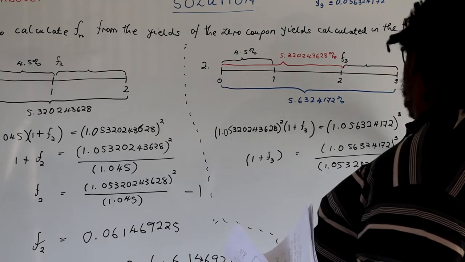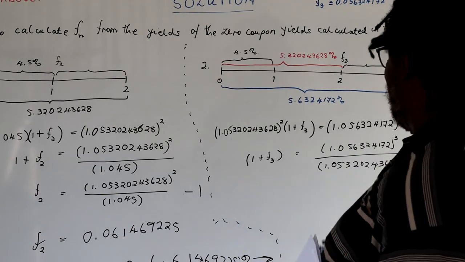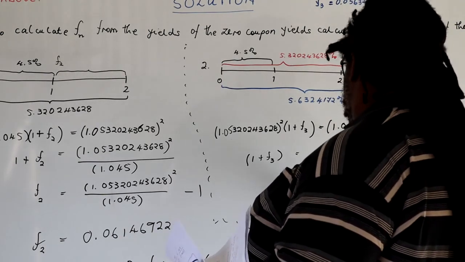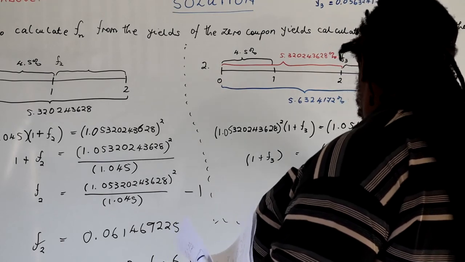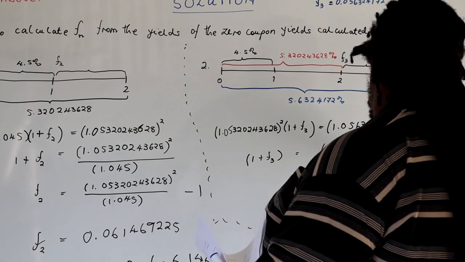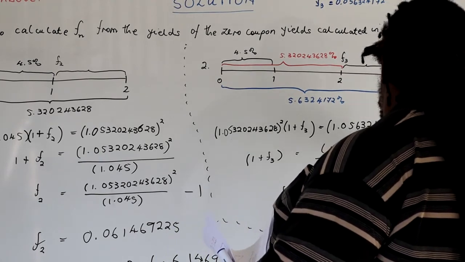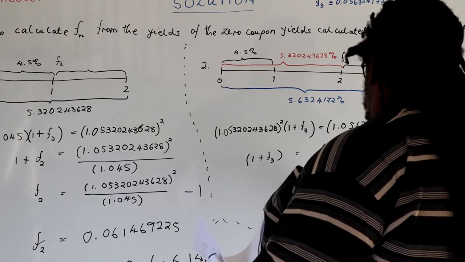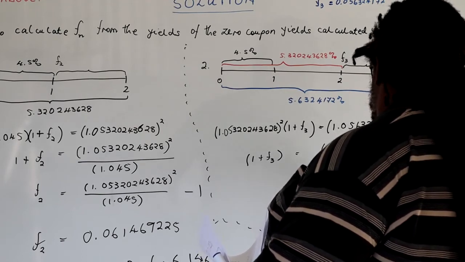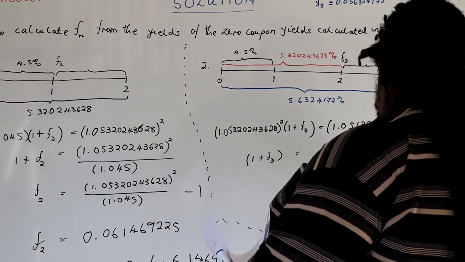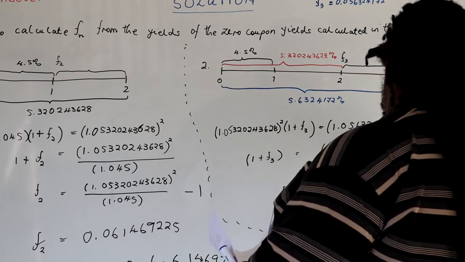1.05320243628 squared, and then you say F3 is equal to 1.056324172 to the power 3 divided by 1.05320243628 to the power 2 minus 1.